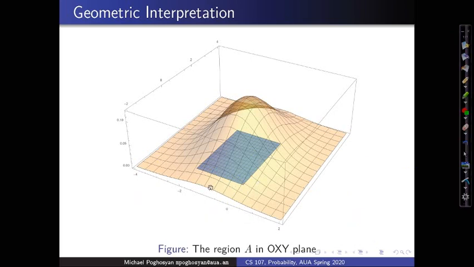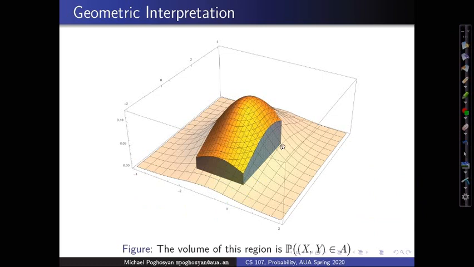So what we are doing is the following. I'm constructing the portion of my surface over that region, and I'm calculating the volume under that portion of the graph of that surface.